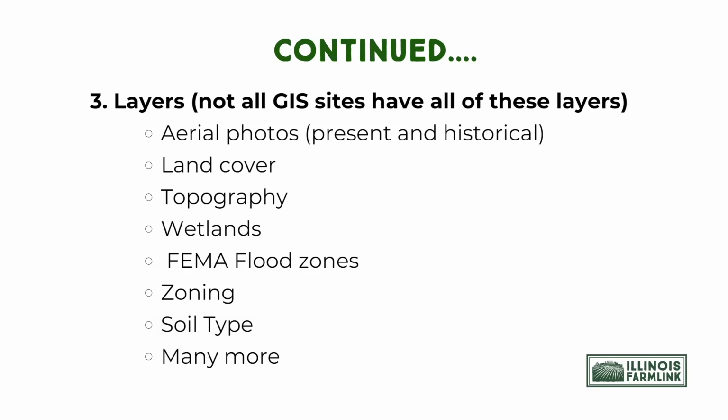There are often land cover data sets, topography data sets, which I found particularly useful when searching for my property, because oftentimes in a photograph of a field, you can't quite tell how undulating it is, and that can be an important thing to know for crop production. You can also find things like wetlands, FEMA flood zone, zoning, soil types, and many, many more, and we'll dive into those.